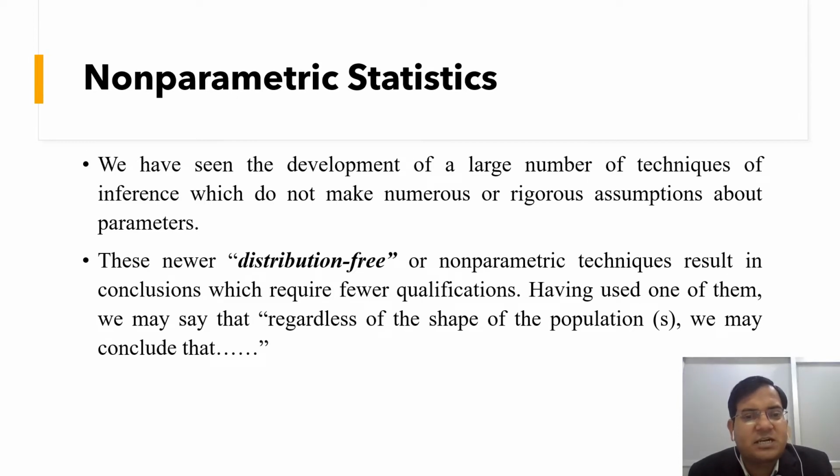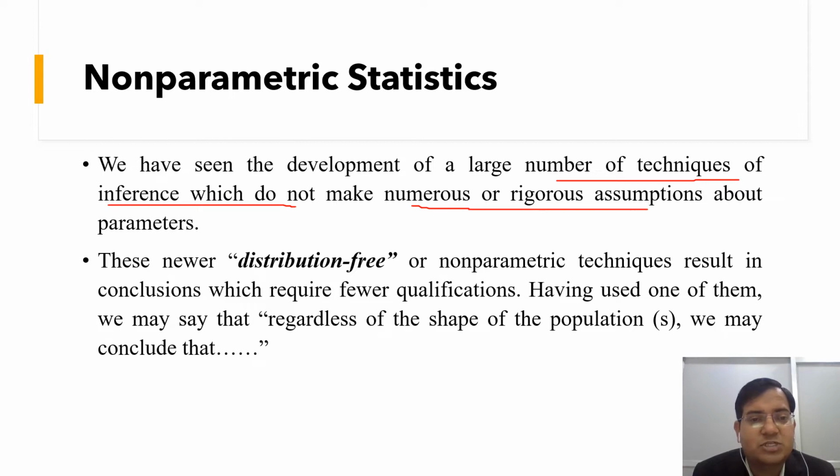So we see the development of a large number of techniques of inference. Obviously we calculate inferences using many techniques, but they make numerous and rigorous assumptions about the parameters. If we are not able to fulfill these assumptions, we are not able to use parametric statistics.